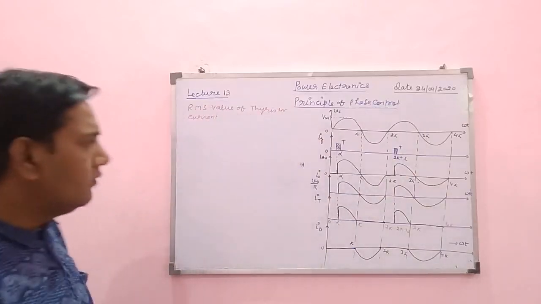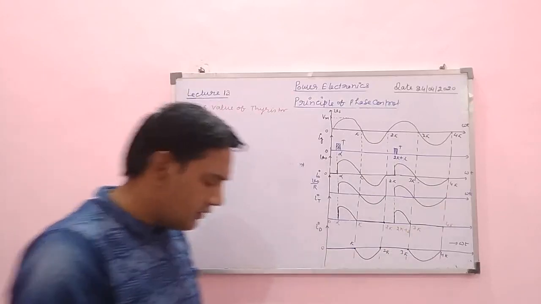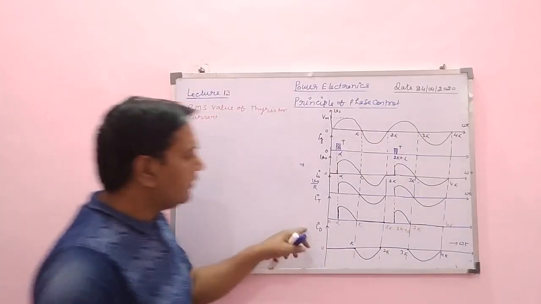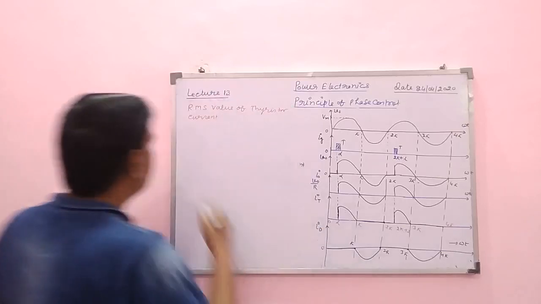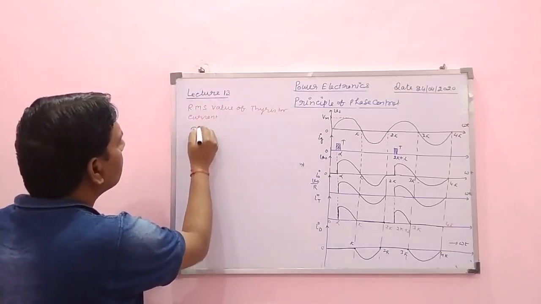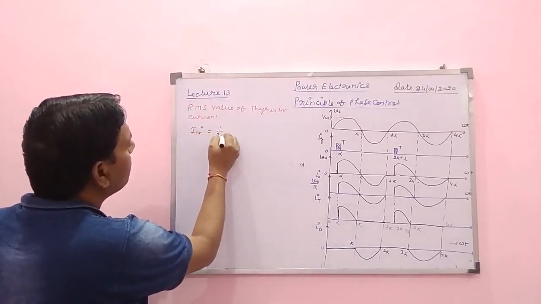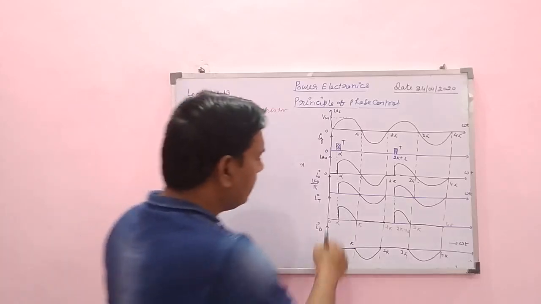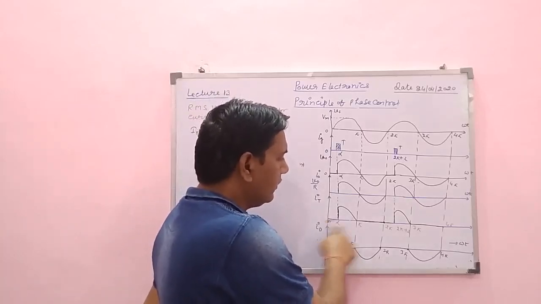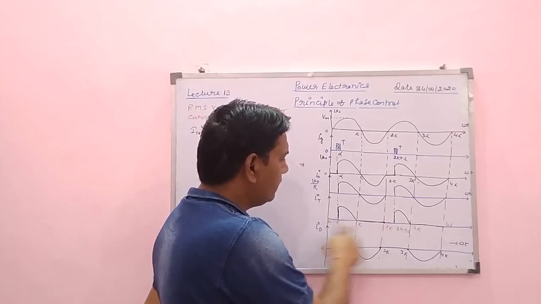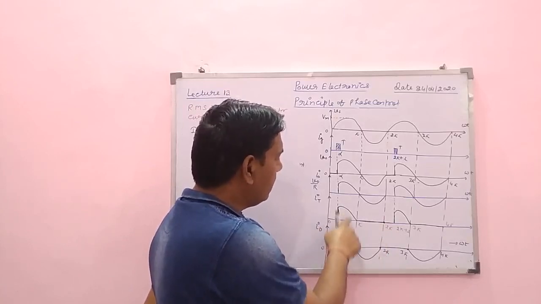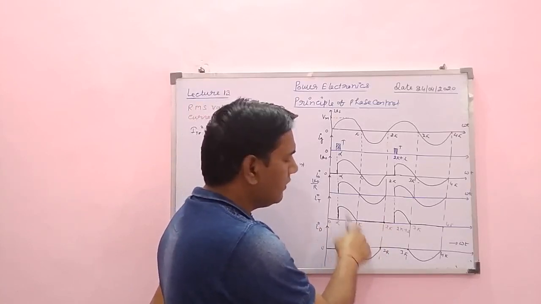We have to determine the RMS value of this thyristor current. The time period is the same, 2 pi. So I T R square is equal to 1 upon 2 pi. We are getting the value during the whole time period from 0 to 2 pi, but the value of this I T is nonzero only between alpha to pi.